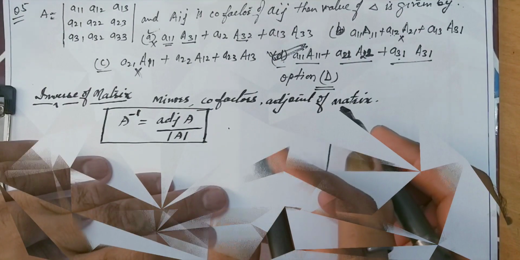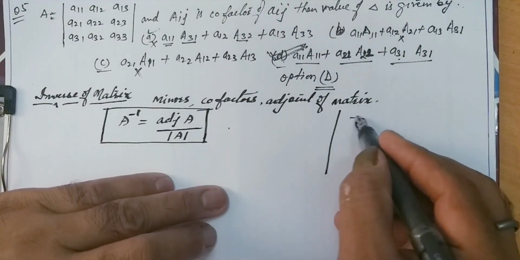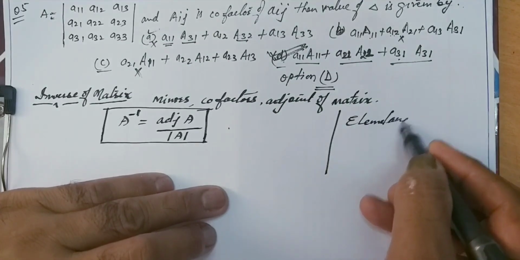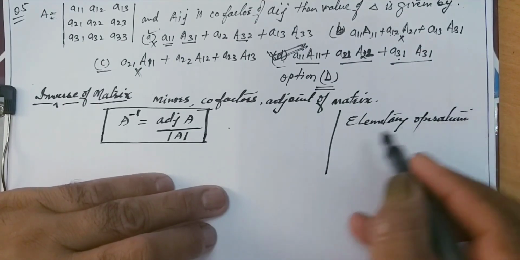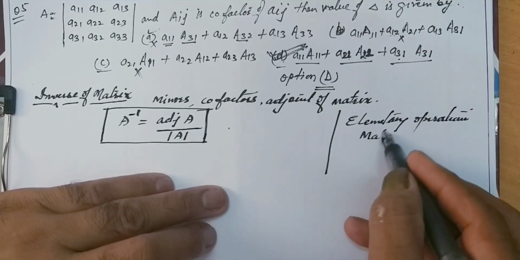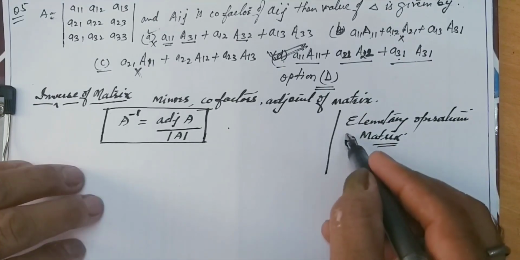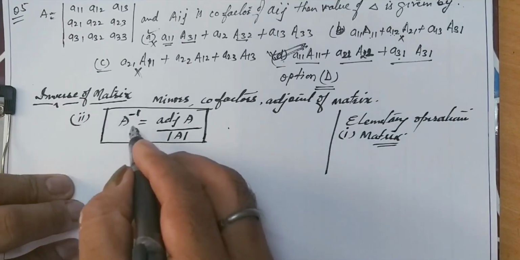Another method of studying this inverse of matrix is elementary operation, which we had already studied in matrix chapter number 3. That is over now. That was the first method, and this is the second method.